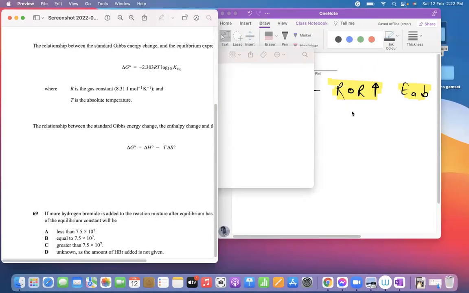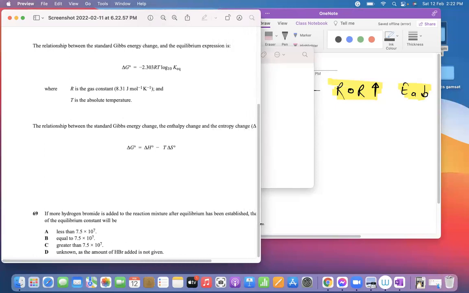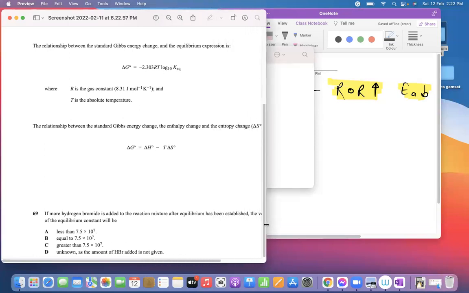Tell me what should be the answer for this. The question is: if more hydrogen bromide is added to a reaction mixture at which equilibrium has been established, the equilibrium constant will be?